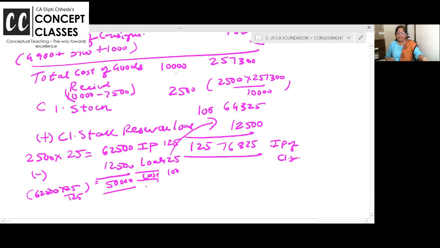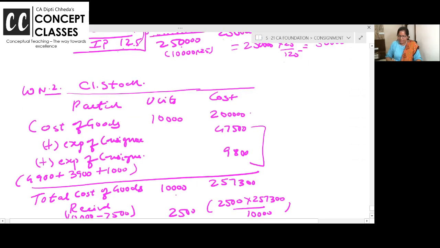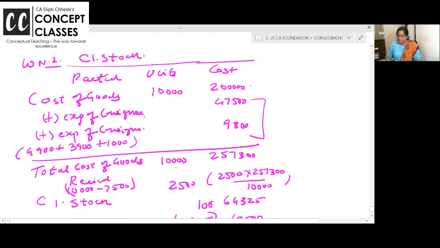I will re-explain everything. 25 में 5 rupees loading है, वैसे भी कर सकते थे. One more method is there. That also I'll explain. Please, all of you come here. See, we have sent 10,000 goods at 2 lakh. Expenses of consignor, expenses of consignee.